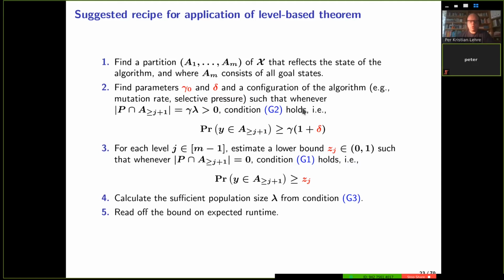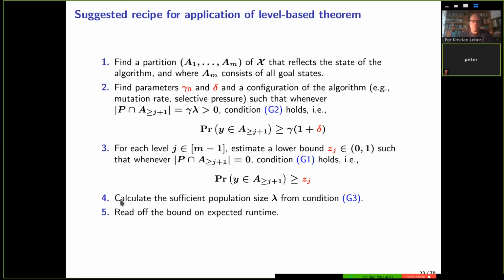Once this is true, often it's quite straightforward to compute a lower bound on the probability of producing a better individual. Usually it means you have to select one of the individuals in the current level. That usually happens with constant probability, because you assume that you have a gamma 0 fraction of the population in the current level. And then you need to do the right mutation and crossover operation to go to the next level.